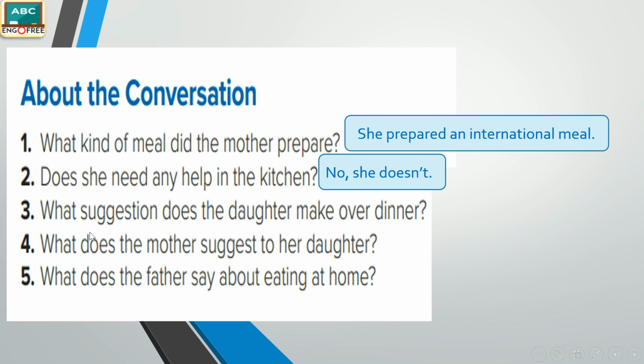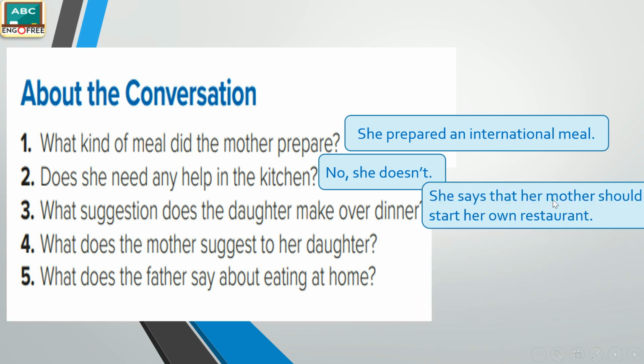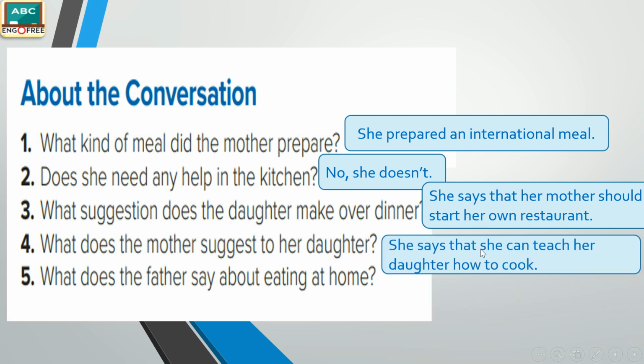Number 3. What suggestions does the daughter make over dinner? She says that her mother should start her own restaurant. Number 4. What does the mother suggest to her daughter? She says that she can teach her daughter how to cook.